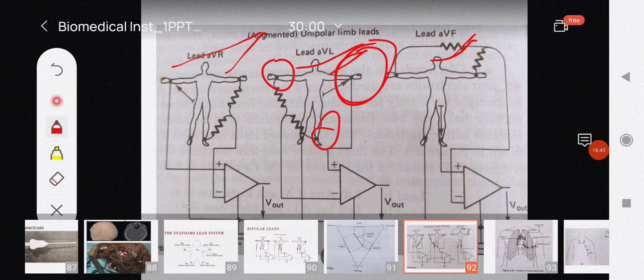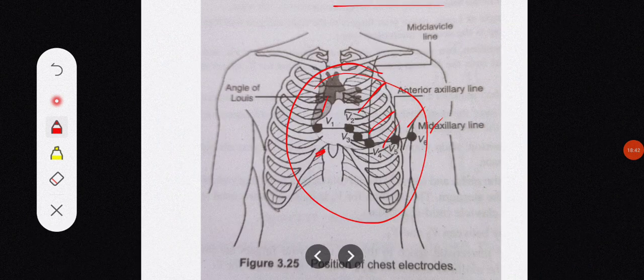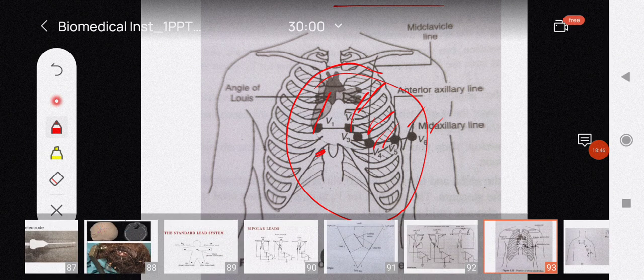Then 7, 8, 9, 10, 11, 12. We'll get a total of 12 ECG recordings from these 5 electrodes. And why 12? Because the chest electrode will be placed in all the 6 positions, for getting the remaining 6 lead combination electrocardiograms.